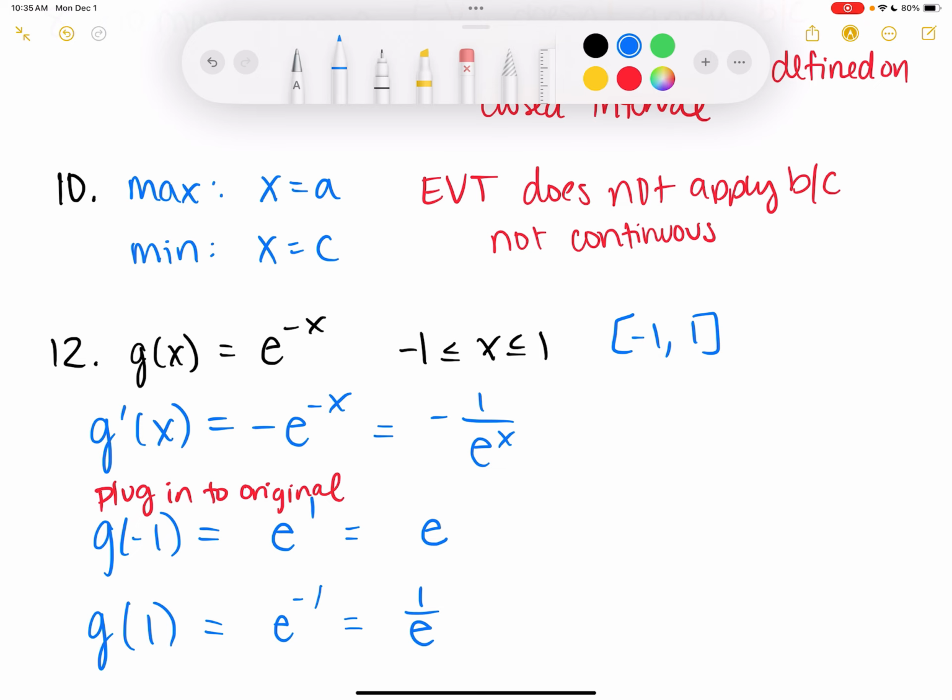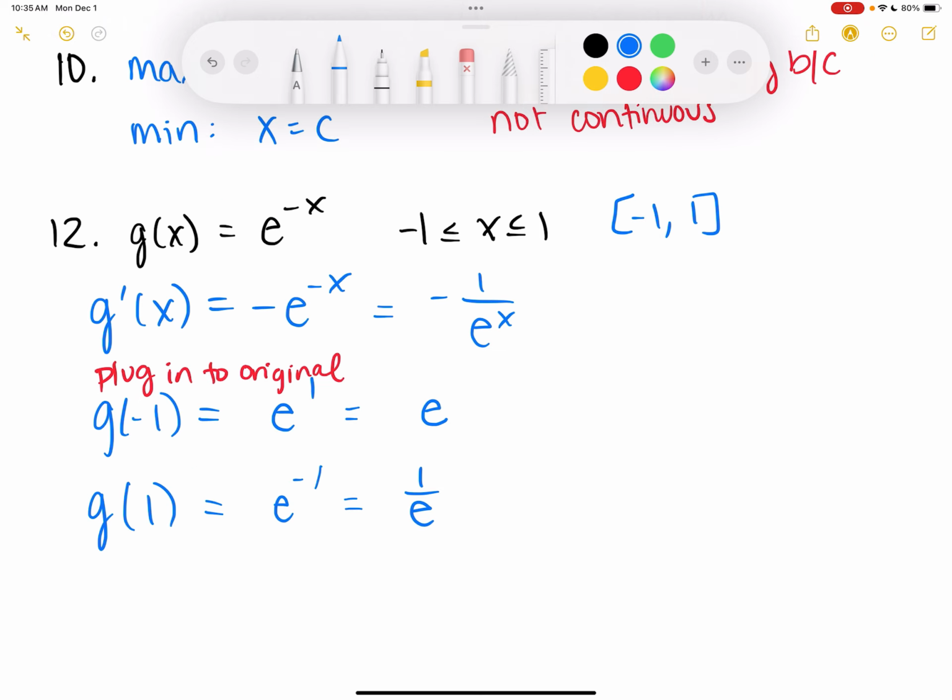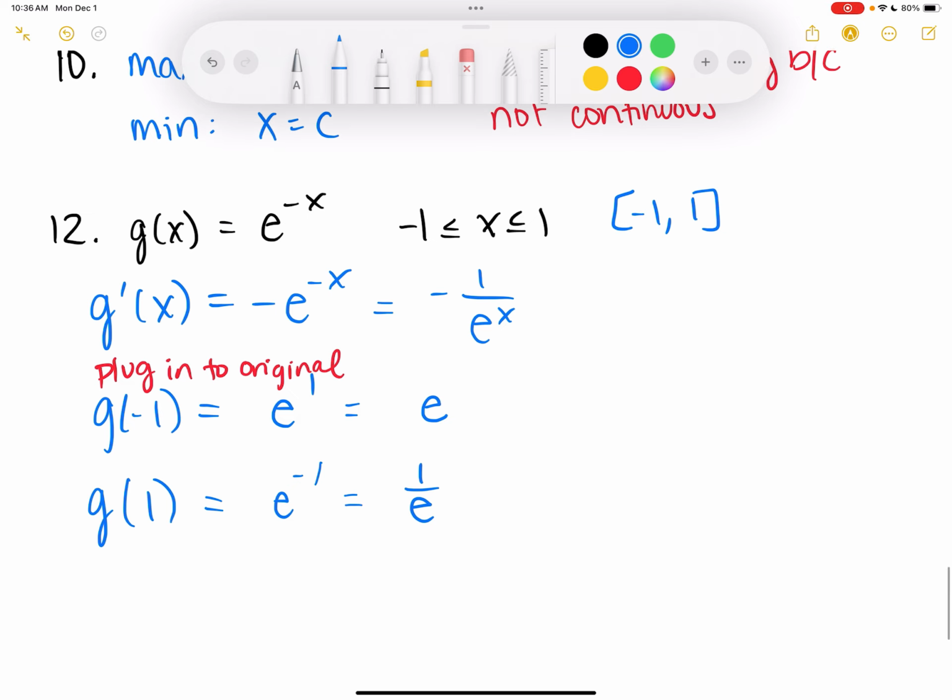So that means that I have, let's see, comparatively to the original function here, this one has to be the max at x equals -1, because f of x is less than or equal to f of C, because this is just e and that was e to the -x.